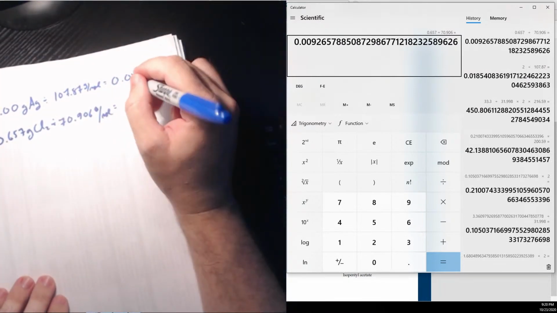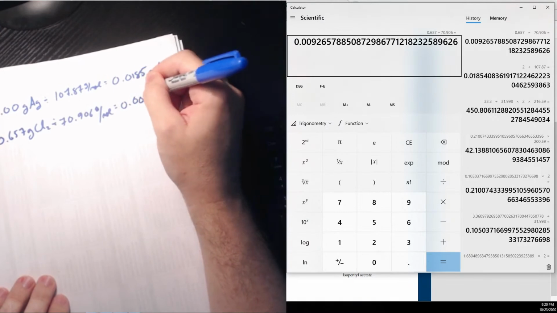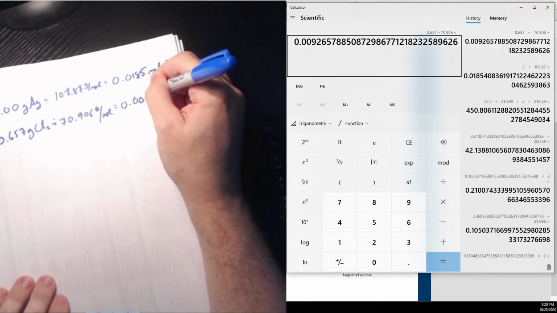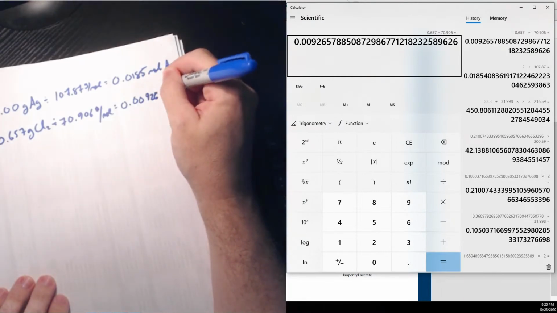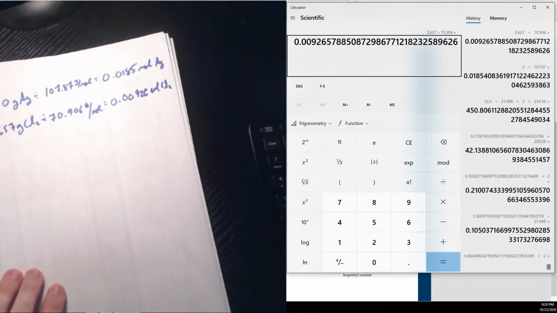What? 0.00. Oh, wait. 926 moles of Cl2. There we go.